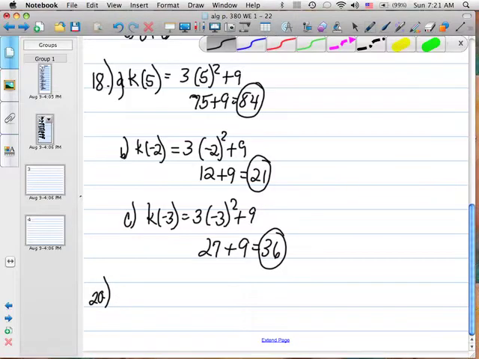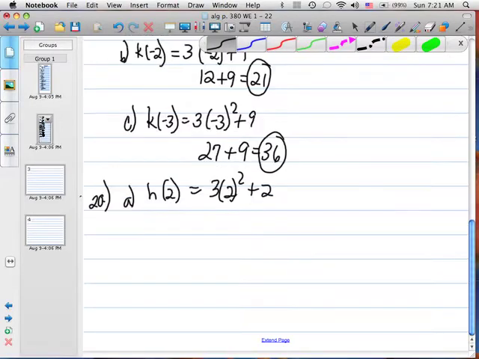And we take 3 times y squared plus 2. So A, h at 2, take 3 times y squared, so 2 squared, plus 2. 2 squared is 4. 4 times 3 is 12. 12 plus 2 equals 14.